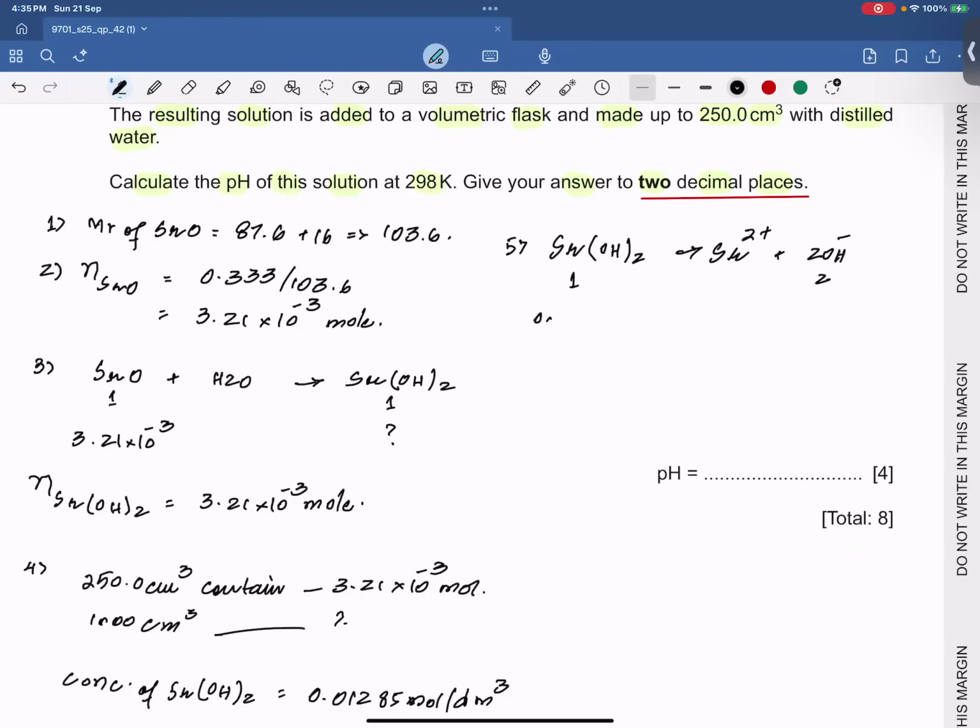When we have 0.01285 mole per dm3, which is also called molar, obviously I've got the concentration of hydroxide ions. I think it's 0.0257 mole per dm3. Now in the next place, once we know the concentration of hydroxide ions, we can find the value of pOH by using this expression.